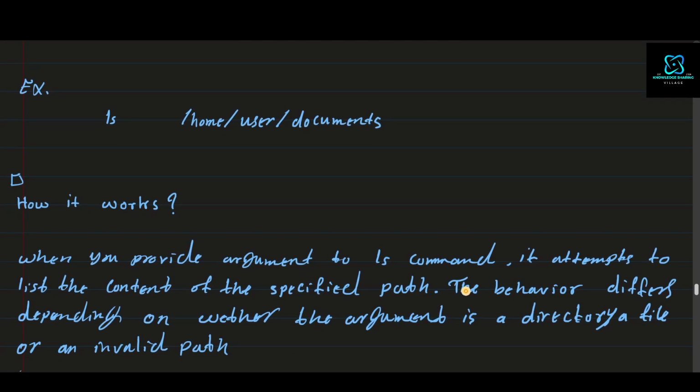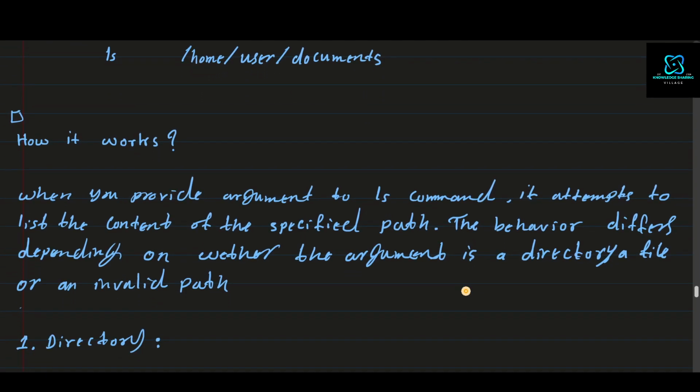The next question that you may ask: how does it work when we are providing argument to the ls command? When you provide argument to ls command, it attempts to list the content of that specified path. This path, as we mentioned, can lead to a file or a directory. The behavior differs depending on whether the argument that you have passed to the command is a directory.